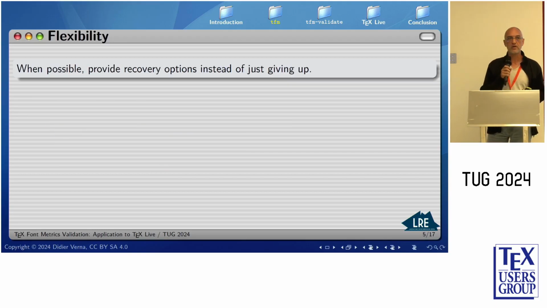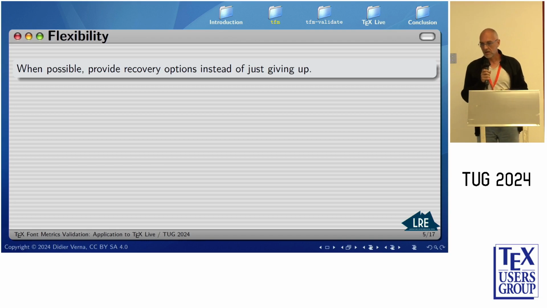Now, flexibility, we come to the disease part. To me, flexibility when you write a parser is the idea of providing as many recovery options as possible when you encounter a problem, rather than just giving up. Okay? So you see why it's an arguable feature of a parser.